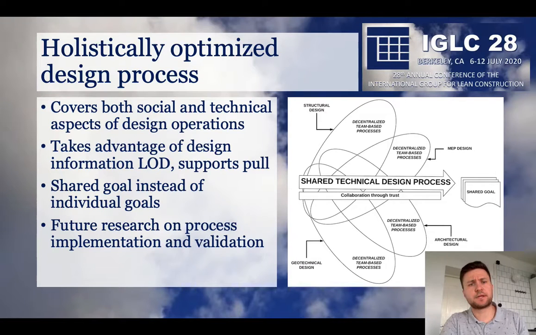We also take advantage of level of detail, which means that we can pull the design schedule from the production schedule and, for example, combine it with TACT scheduling. We have a shared goal instead of several individual goals, which means that we are able to contribute to the project more efficiently and not just optimize different design documents individually.